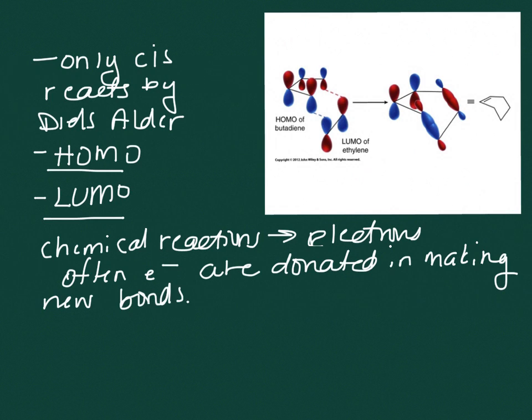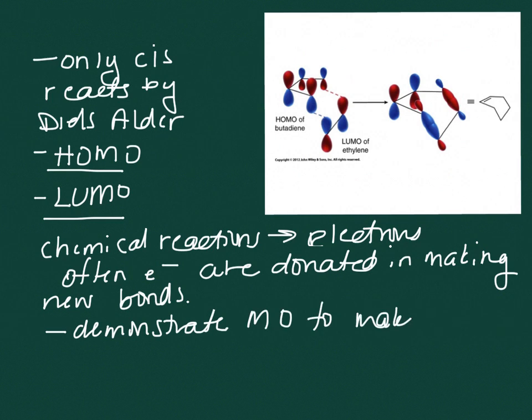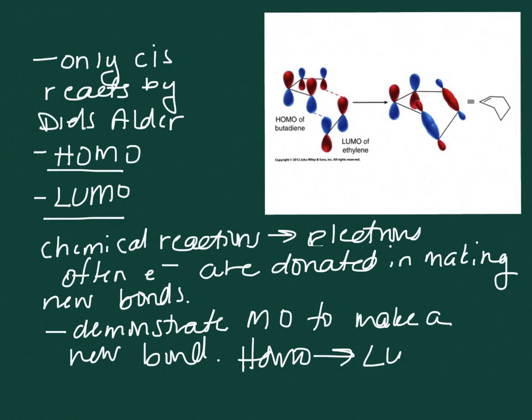Okay. Here we're going to use the molecular orbital theory to demonstrate molecular orbital overlap to make a new bond. And so the HOMO is going to give electrons to the LUMO. The reaction is going to be between the HOMO of 1,3-butadiene and the LUMO of ethylene.